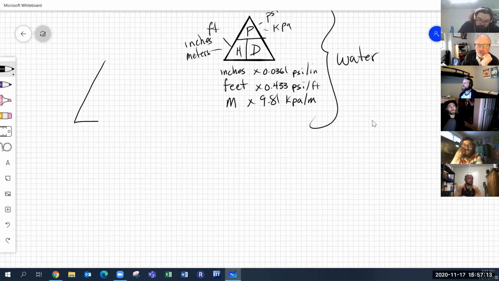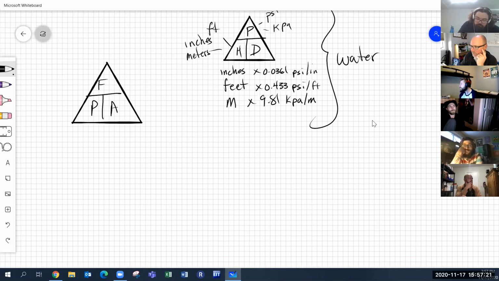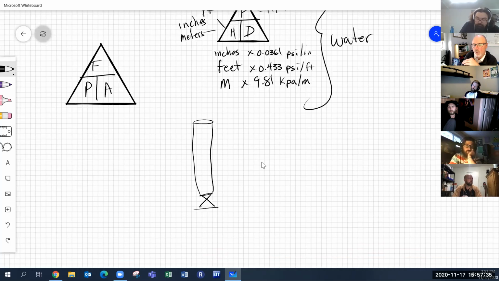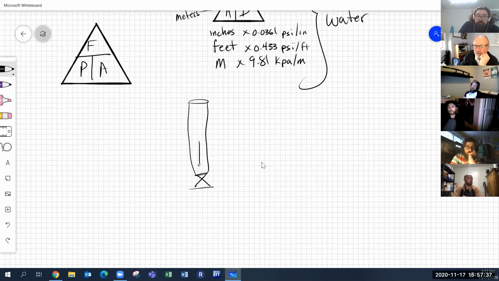So force or total force is equal to the pressure times the area. So in Mike's question here, we have a pipe with a gate valve on the end. And I want to know the force downwards on this. And force is for the entire area. So we have a 6-inch gate. And I'm going to take that as it is. And we have 46 on this gauge.